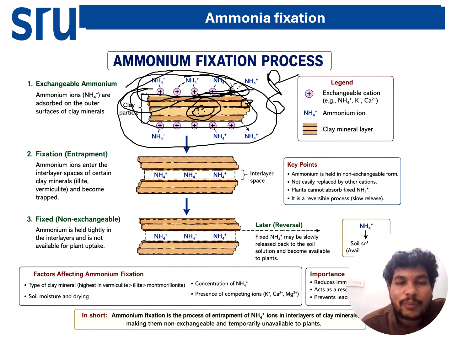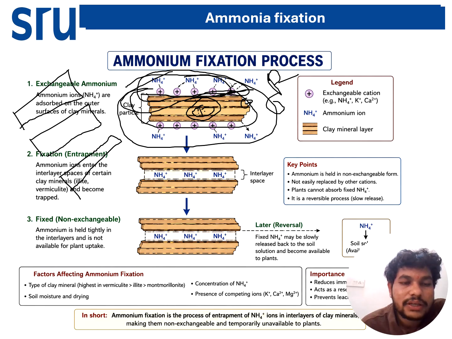So adsorption at the I position occurs between the silicate layers and aluminum layers. When it enters into this layer, it gets held there, so it will not come outside. So how does this happen? We know the 2:1 mineral has one silica layer, an aluminum layer, and another silica layer.